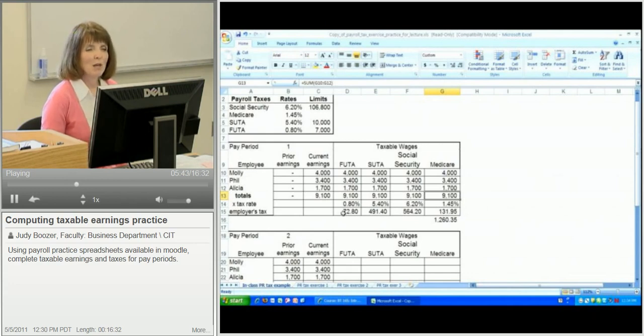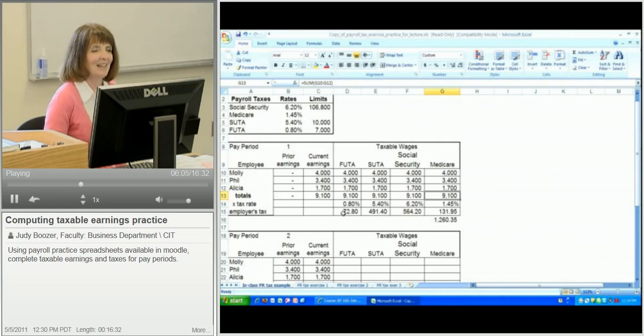So do this for each one, and let's see if you come up with the same things that I do. It'll give you good practice multiplying by decimals. So you would take that total amount, the 9,100, and multiply it by 0.008.